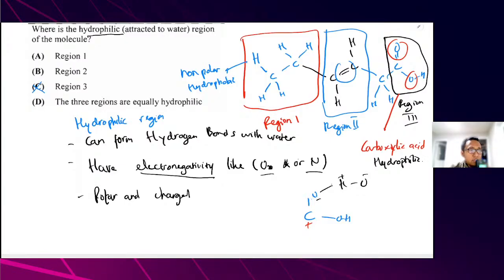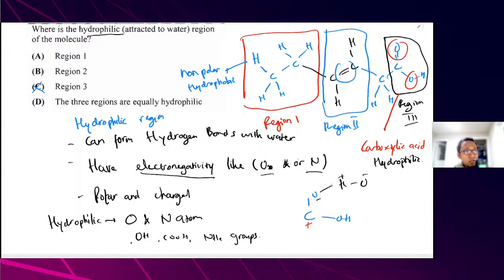Just a quick tip, guys: if the question is about hydrophilic parts, scan for atoms like O or N, especially OH, COOH, or NH2 groups.